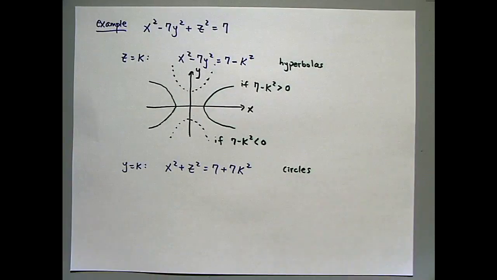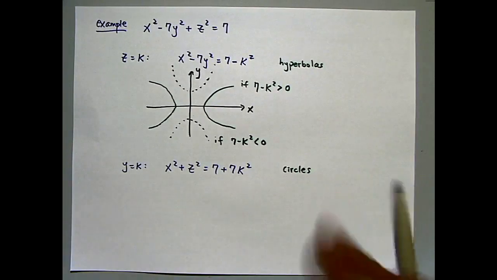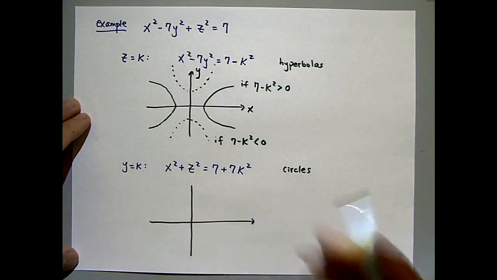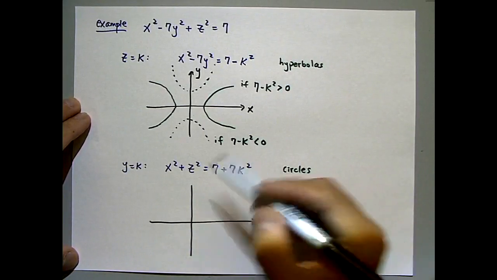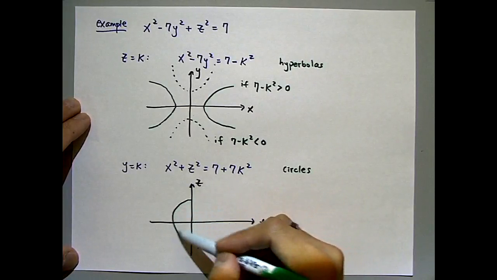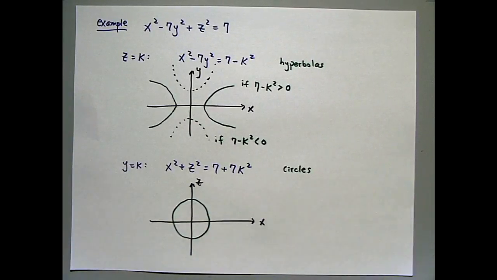And regardless of the value of k we choose, we still have circles. The only thing that's going to change is the radius. There we go. That's what we get. And that's a very simple perspective to have.